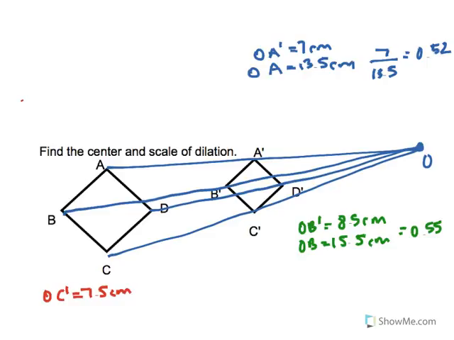Measure the distance from the center to C original, and we get 14. Divide those two by each other. We get a 0.53.